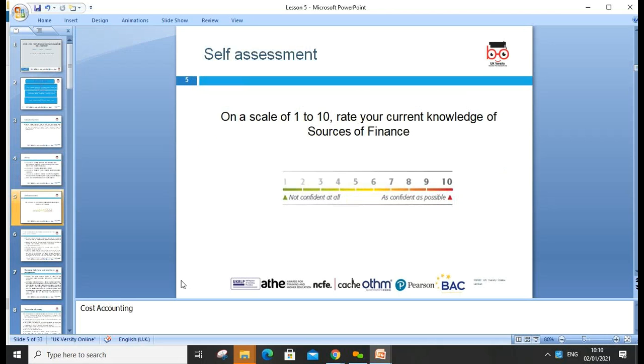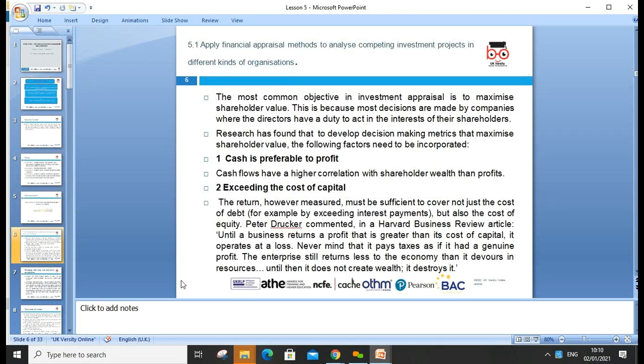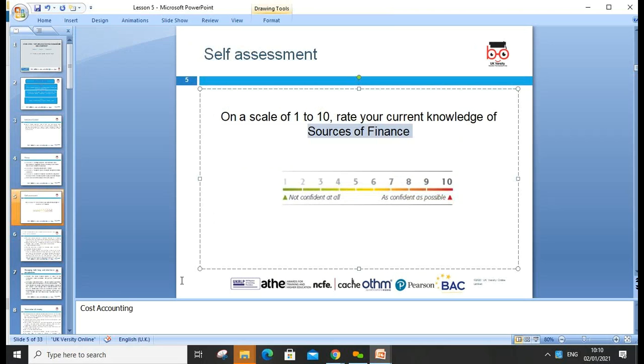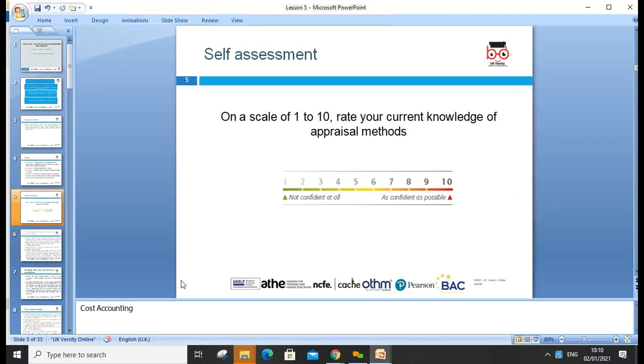Okay, guys, that was your current knowledge about sources of finance. Now, what is your current knowledge about appraisal methods? Does anyone know appraisal methods? What is meant by appraise? Have you ever done an appraisal? On a scale of 1 to 10, where are we in terms of appraisal knowledge?